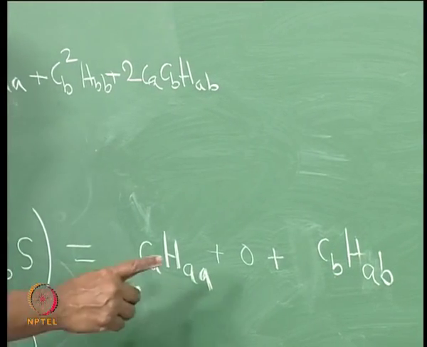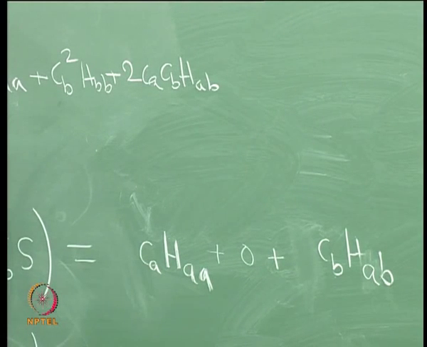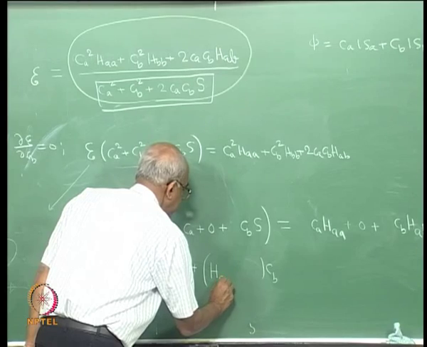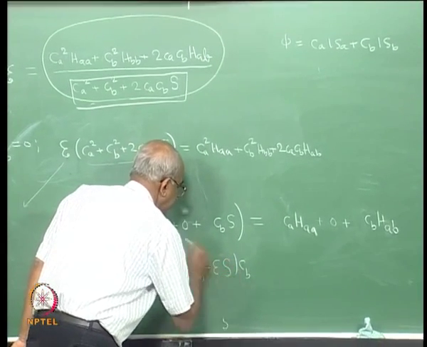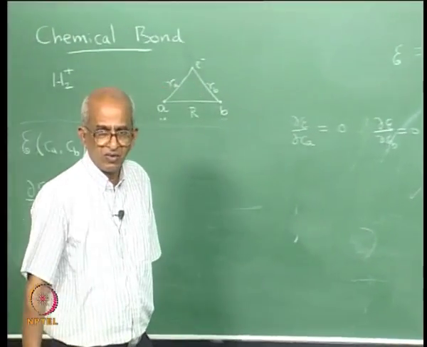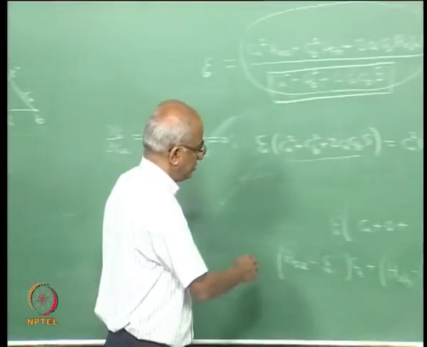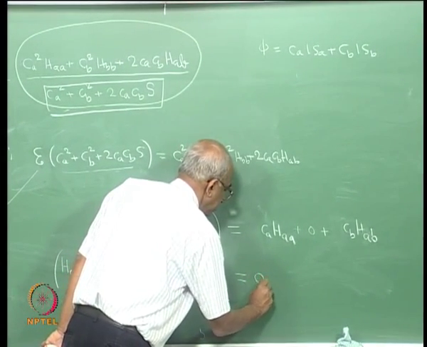So, therefore, what will happen is that you will have HAB minus script E into S as the other term, and these two things added together must give you the answer 0.